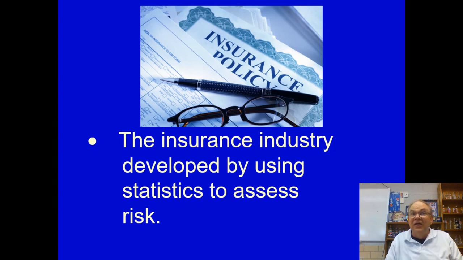On the other hand, life insurance is cheaper for women than it is for men. That's because, on average, women live longer than men. And so, what an insurance company always wants to do is make sure they take on enough money in premiums that they're going to cover their cost and then hopefully have a little bit of money left over. So, the insurance industry is another of those big developments in the 1900s.